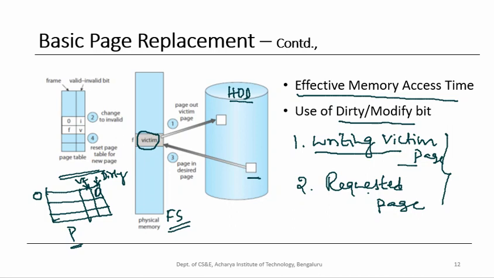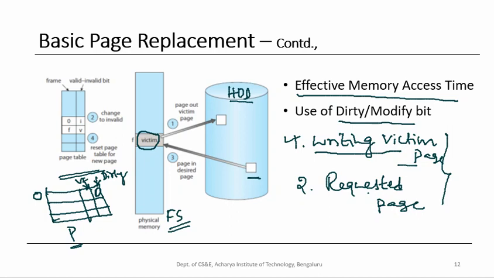So in this case, you can simply ignore this first step, that is, you don't have to write the victim page back onto the hard disk because the copy of that is already available in the hard disk, right? The source is the hard disk itself. So you can avoid writing that page onto the hard disk. So in case of read-only pages also, you can simply look at the dirty bit.